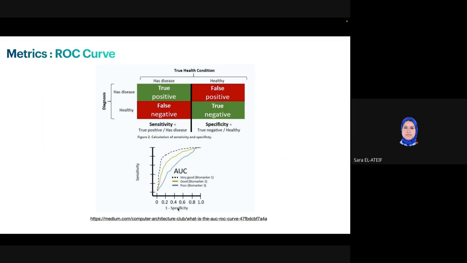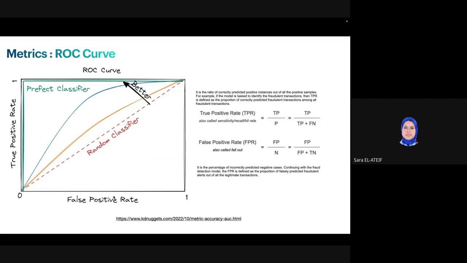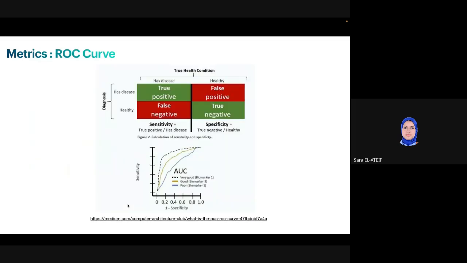So the false positive rate is 1 minus specificity. So sensitivity and 1 minus specificity account for the true positive rate and the false positive rate.